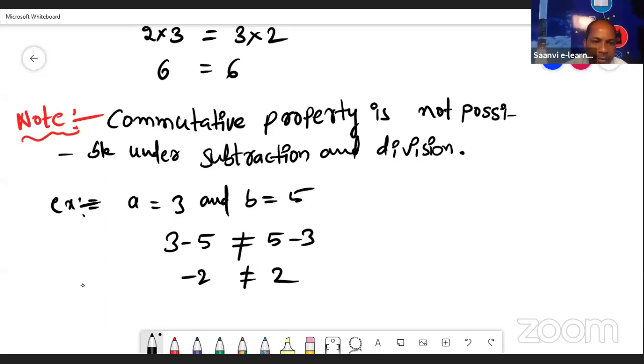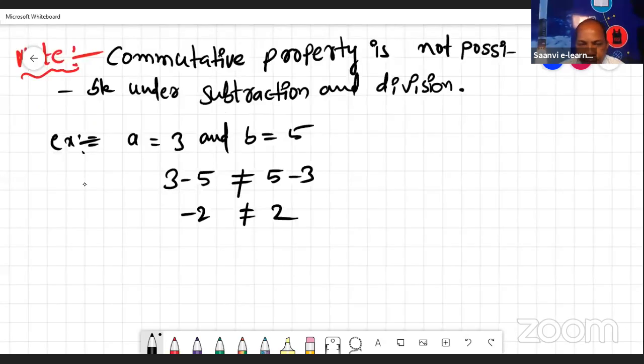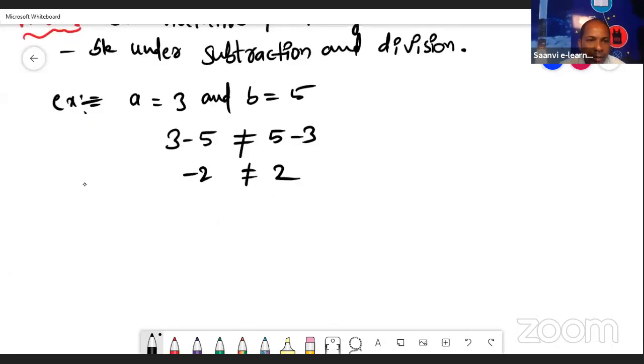In the same way, division. Under division, suppose, for example, we have taken A is equal to 3 and B is equal to 5. 3 by 5 is divided by 5 by 3.